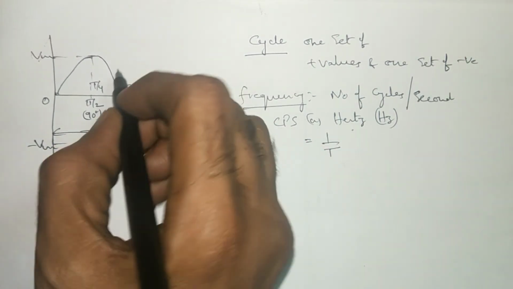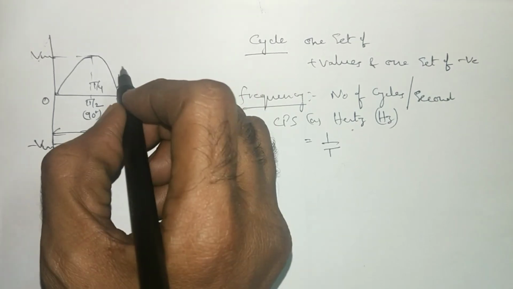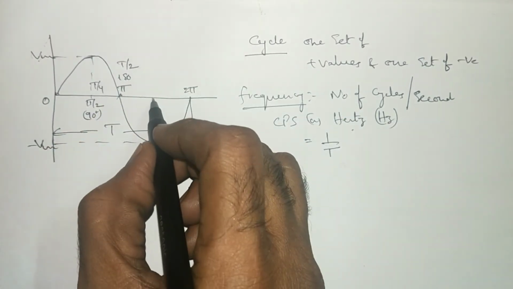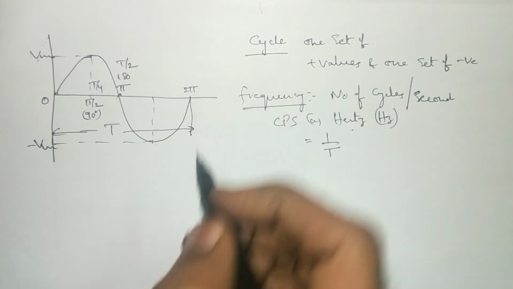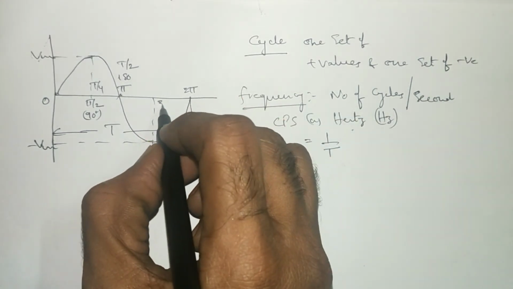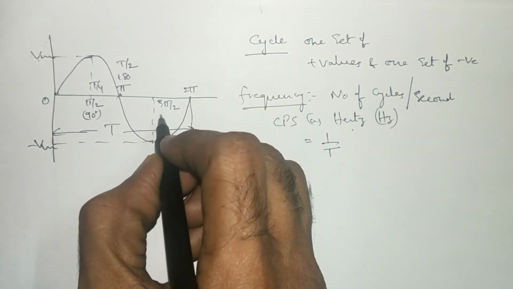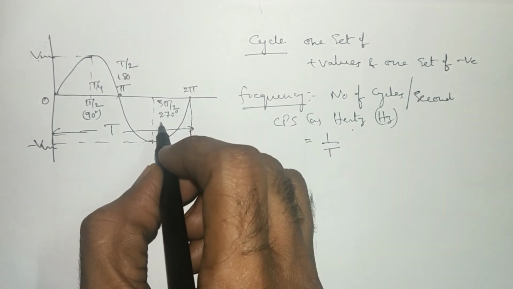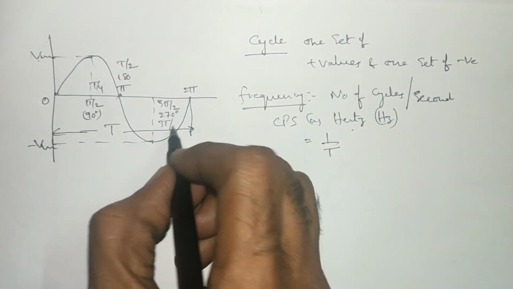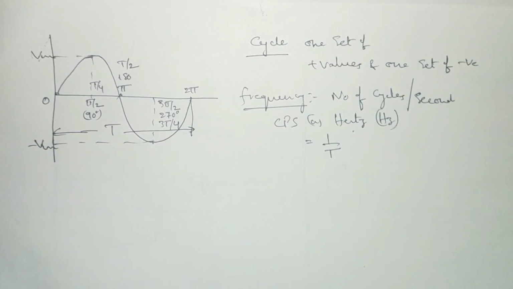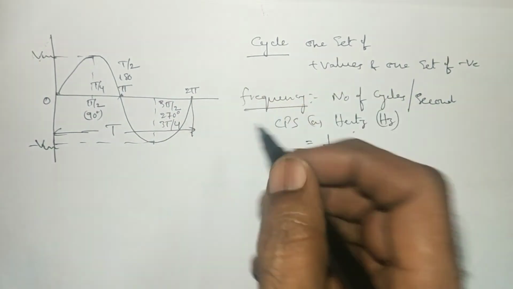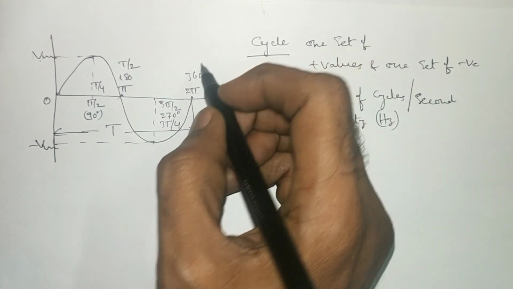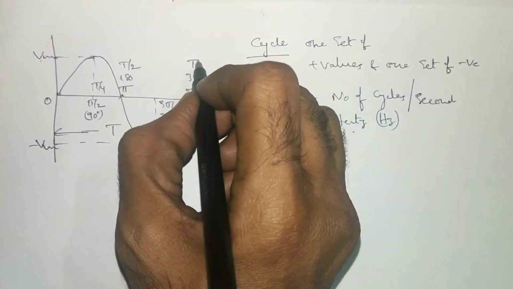Similarly, here this is pi, 180 degrees or T by 2, and negative maximum, here this will be 3 pi by 2 radians or 270 degrees or 3T by 4. And finally here this is 2 pi radians or 360 degrees, the complete time period T.